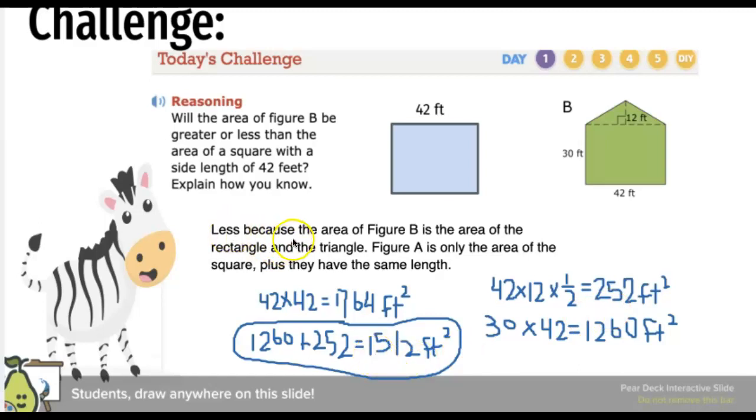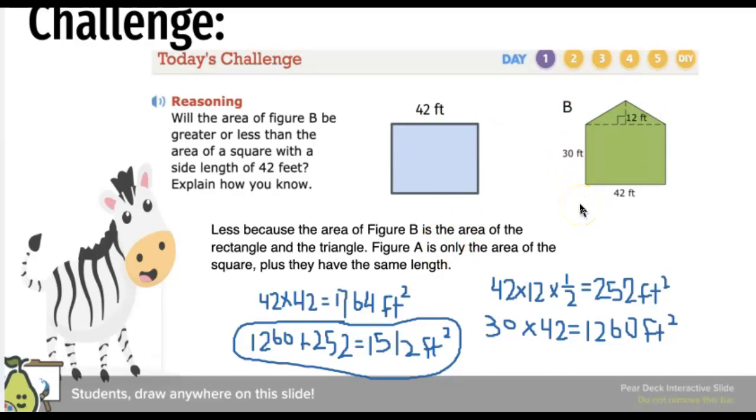It's less because the area of figure B is the area of the rectangle and a triangle. Figure A is only the area of a square, plus they have the same length. So she didn't really explain or give the details of why they are less or greater than each other.